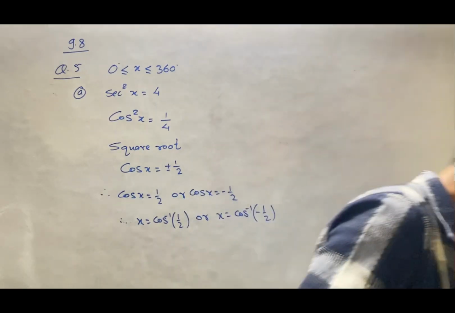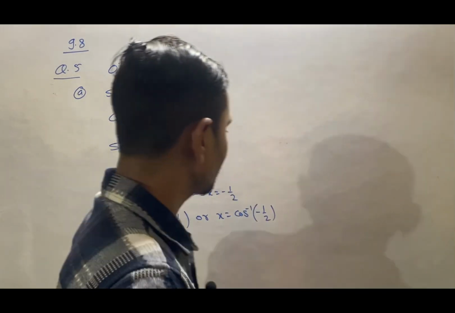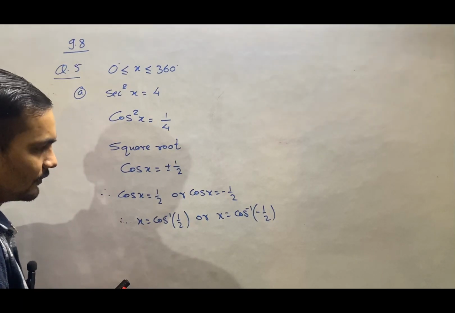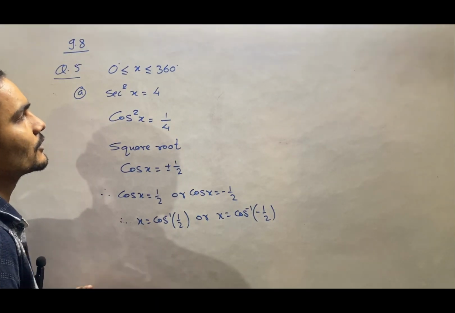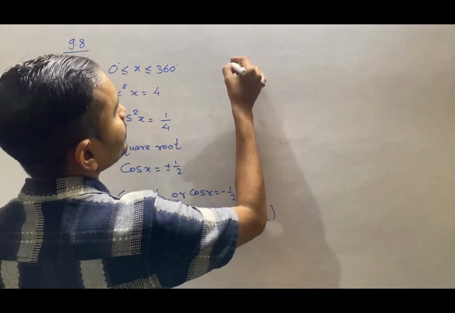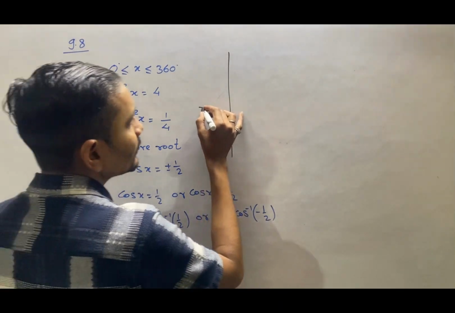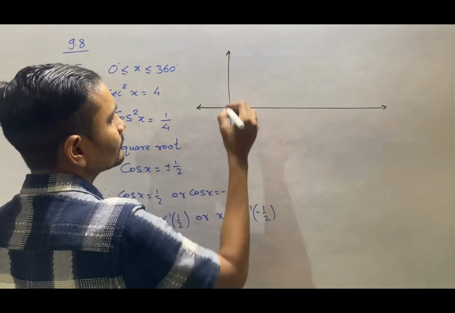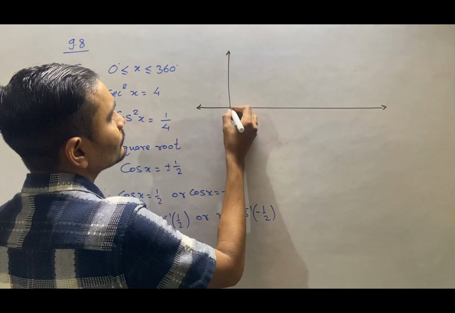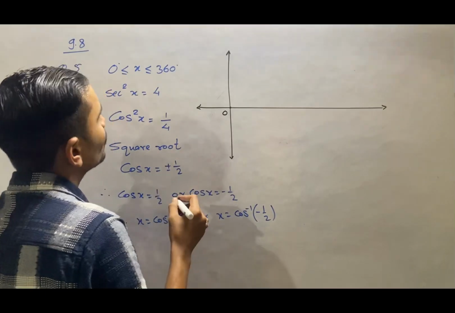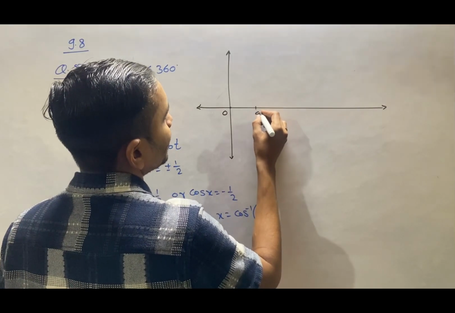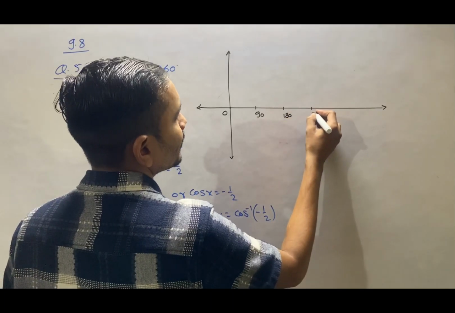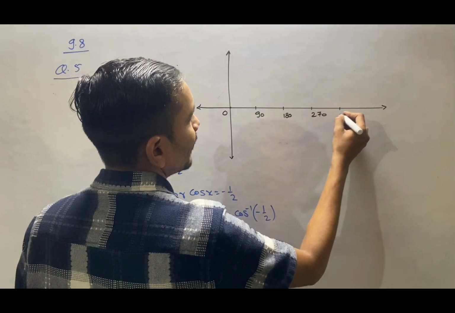So now here, we will draw a graph of cos of x. The graph of cos of x is 0, 90, 180, 270 and 360.